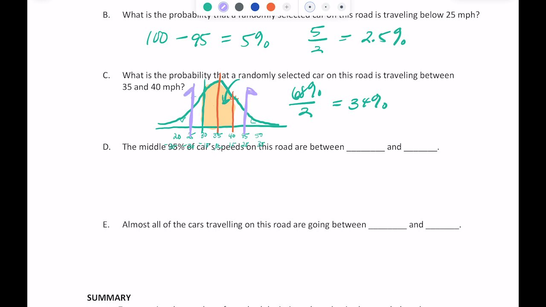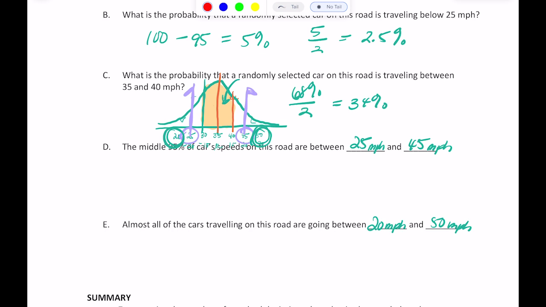So we know they're going to be between 25 and 45 miles per hour. And almost all of the cars on this road would be traveling between 20 and 50 miles per hour. Anything beyond those two values is extremely rare.